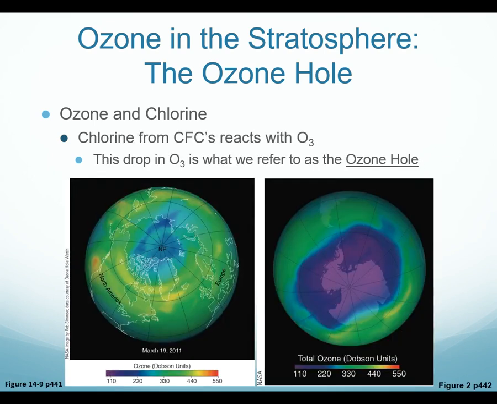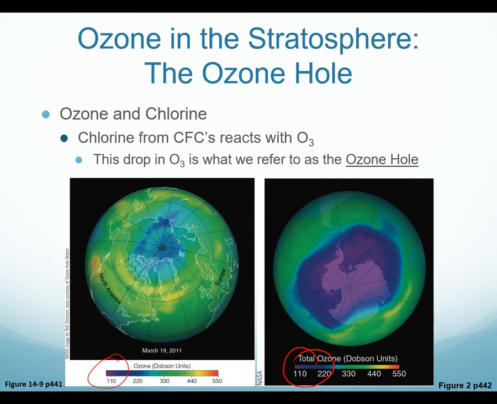And so here you can see pictures of the North Pole in the spring and the South Pole in their spring, our fall, September, where we're looking at concentrations of ozone. The redder the color, the more ozone you have. And then the deeper the blue and into violet that you get, the less ozone that you have. So you can see here, blue and purple are on the lower end of the scale.